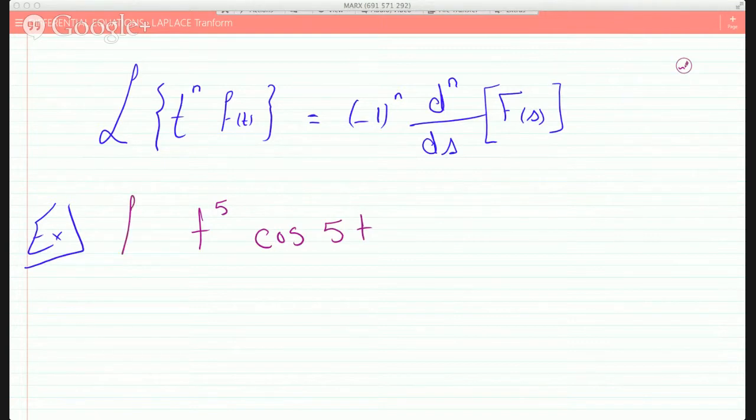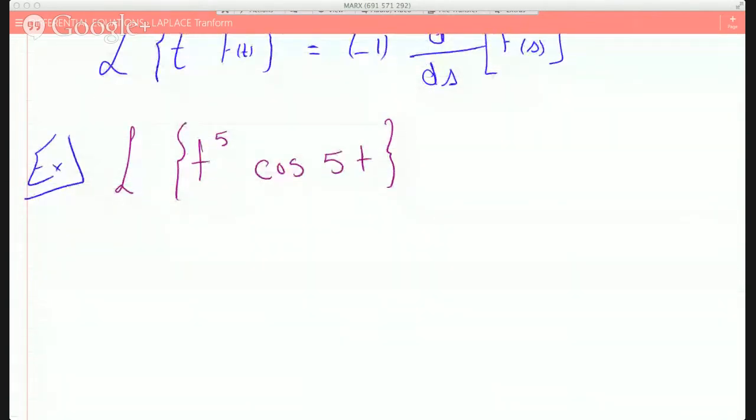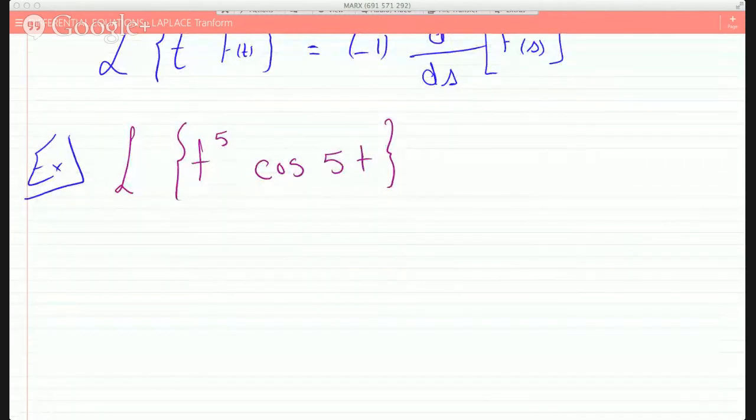Let's say I want the Laplace of this. Now, of course, if you're going to try to apply the standard definition, you're going to have to integrate this, and you're probably going to run into integration by parts. It's actually not even going to be possible. It's going to be very difficult to do that integral.